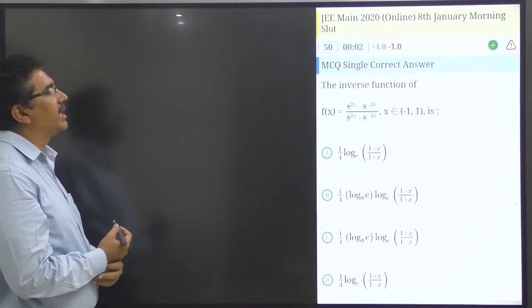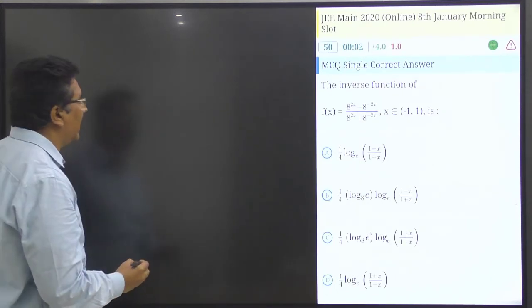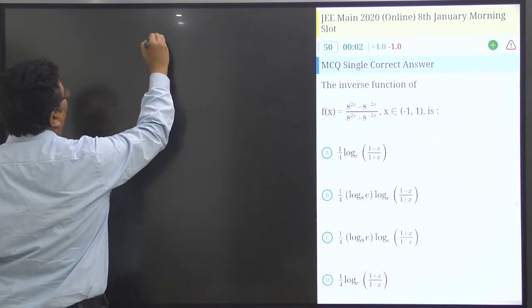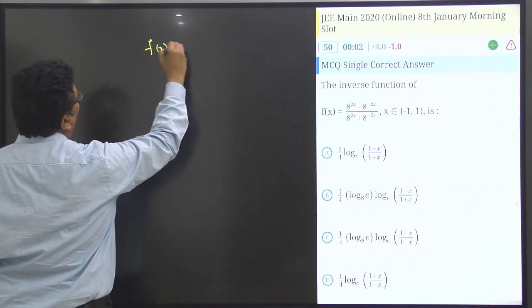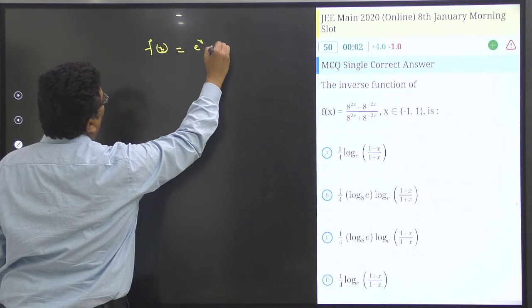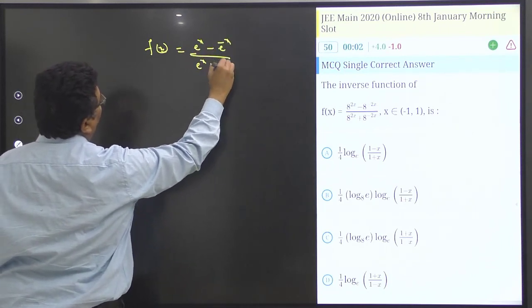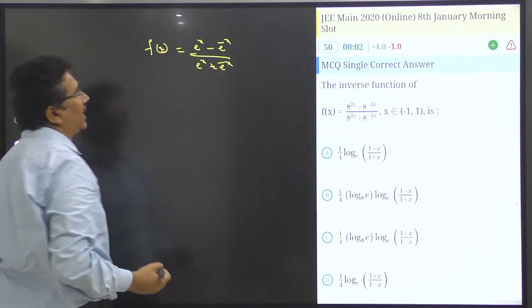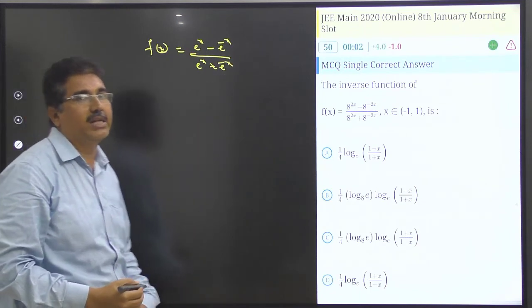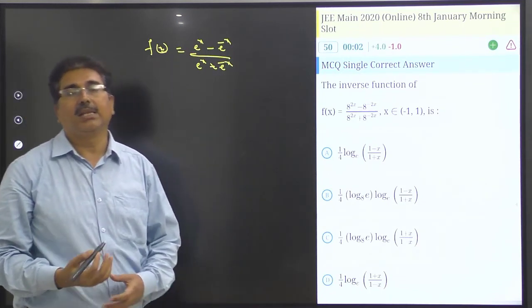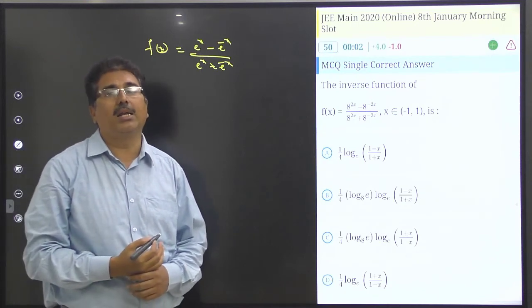Okay, the inverse function of f of x. Right, f of x is of the form e power x minus e power minus x divided by e power x plus e power minus x. This is the definition of tan hx. This is familiar to all.